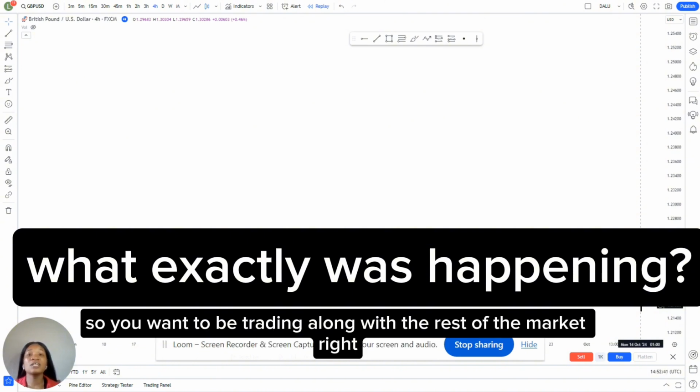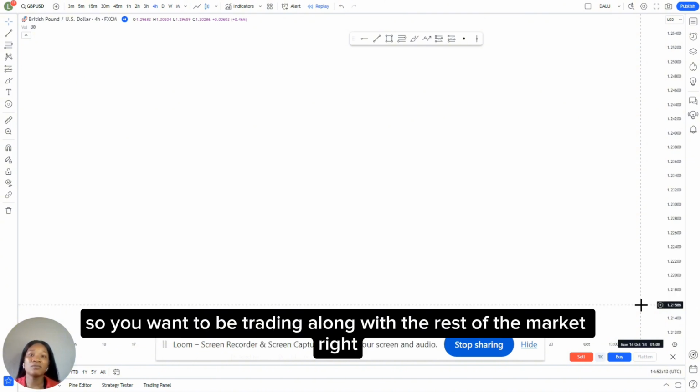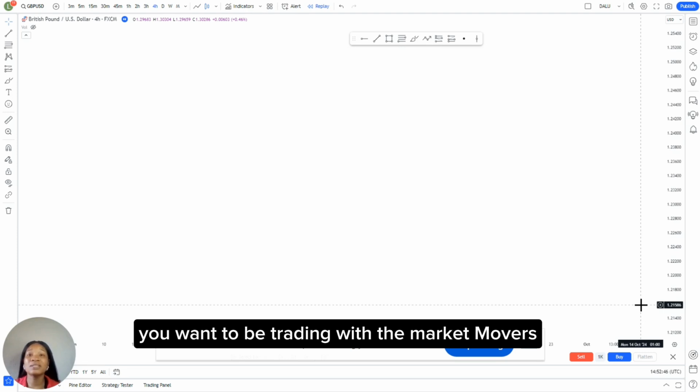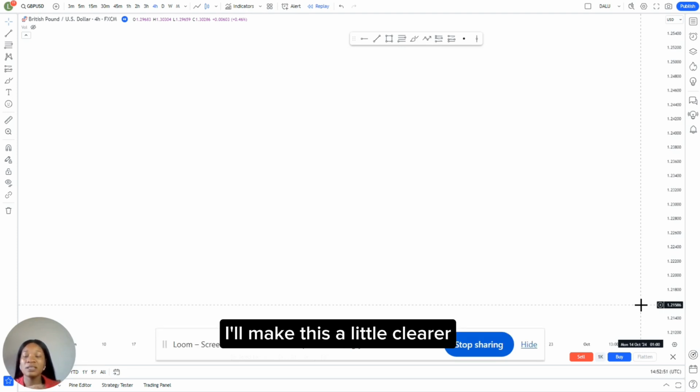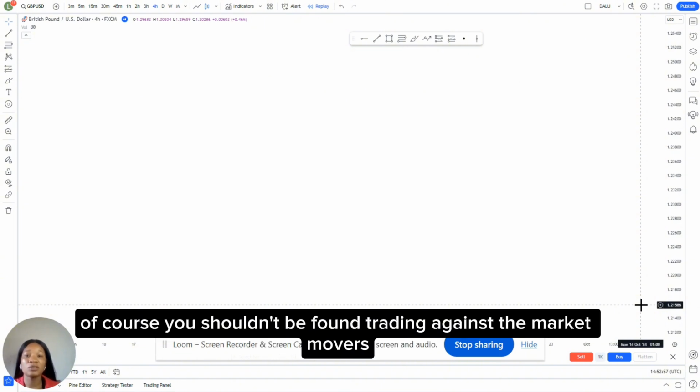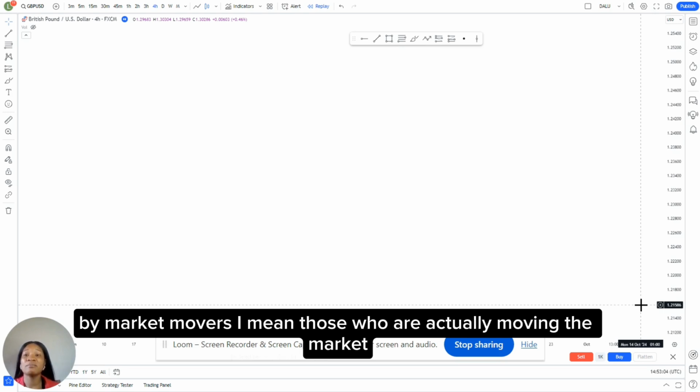So you want to be trading along with the rest of the market, right? You want to be trading with the market movers. I'll make this a little clearer. When you want to trade, of course, you shouldn't be found trading against the market movers. By market movers, I mean those who are actually moving the market.